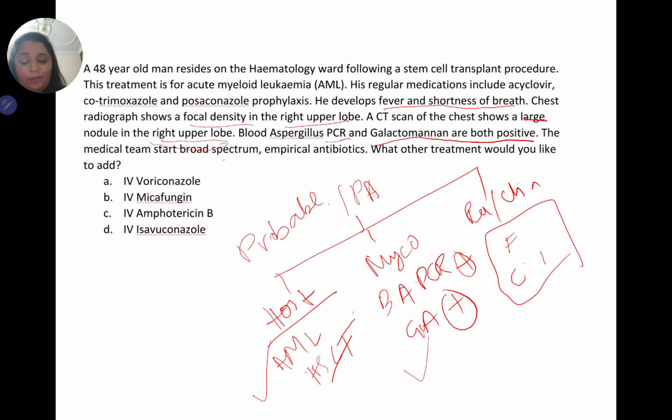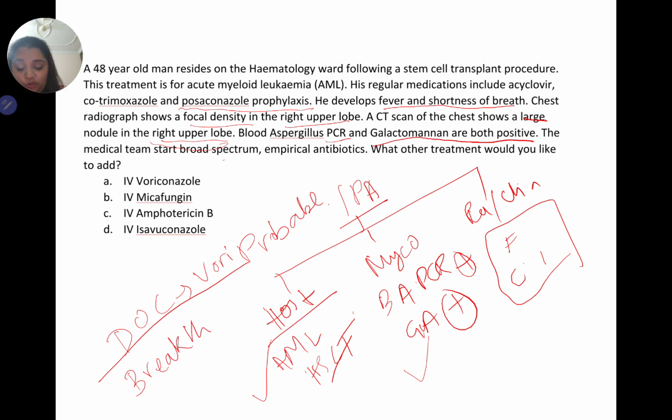So whenever a patient is having probable IPA, the drug of choice for invasive aspergillosis is actually voriconazole. But if you see in the history, the patient has been on posaconazole prophylaxis, yet he has developed an infection. This is what we call a breakthrough infection.